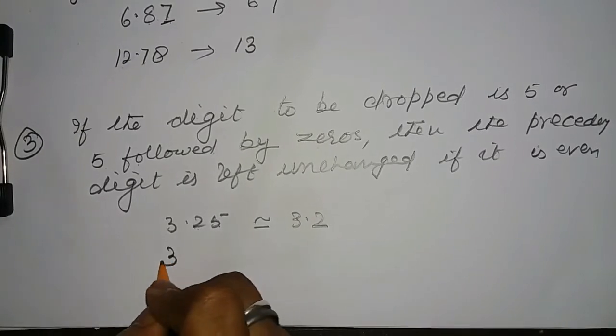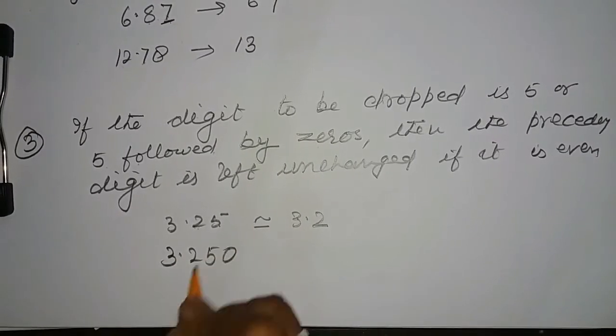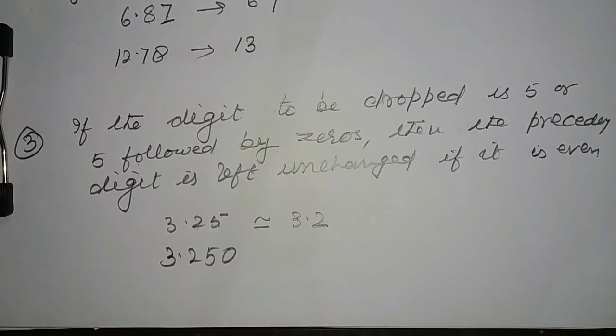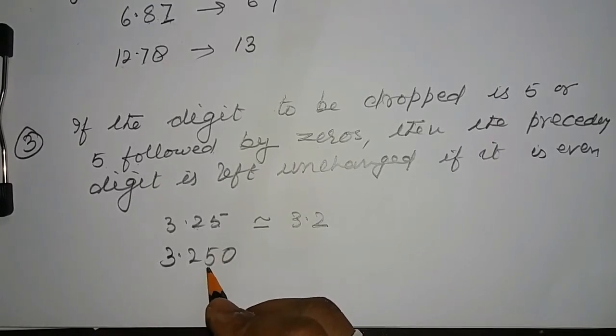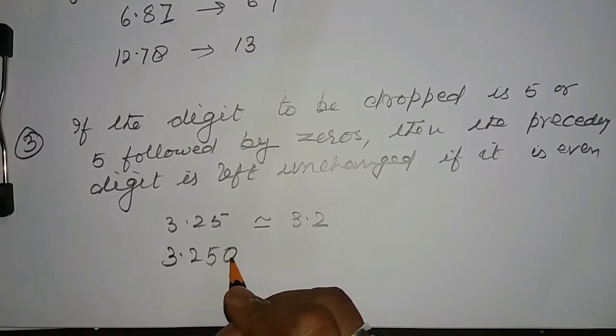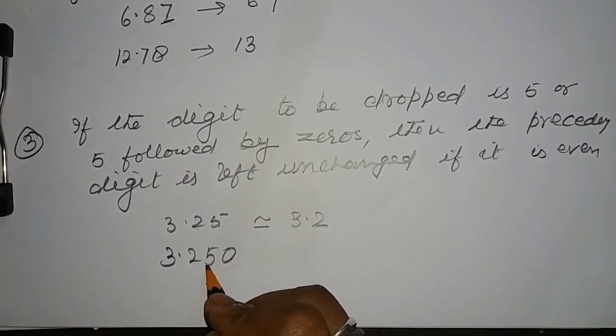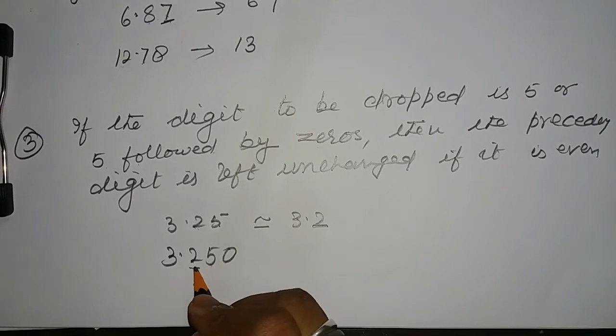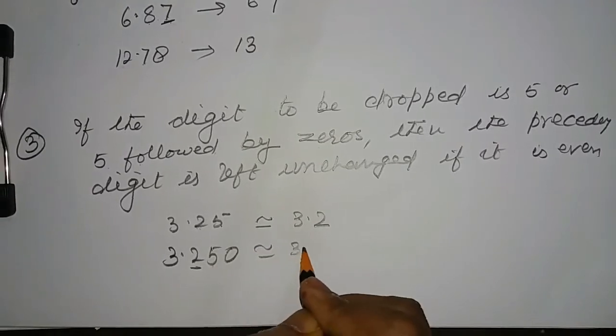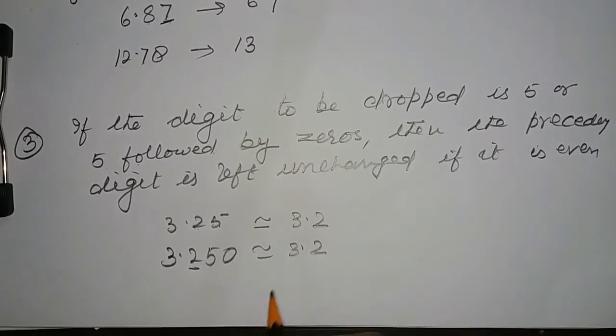Similarly, if it is 3.250 and you have to write in two significant figures, then again you have to drop 5, and 5 is followed by 0. Again there will be no change in this number if it is even. So again it will be 3.2.